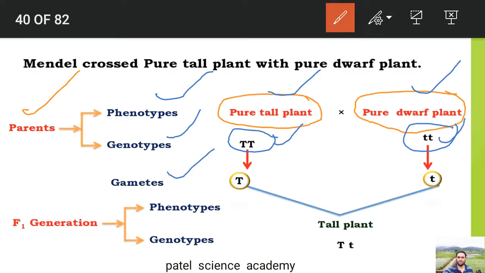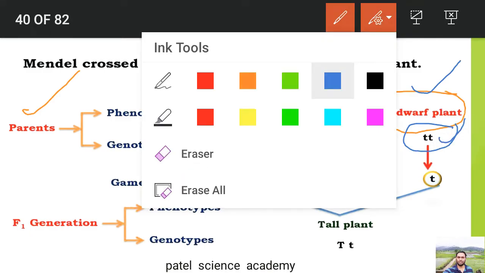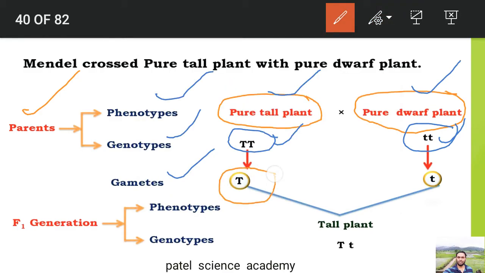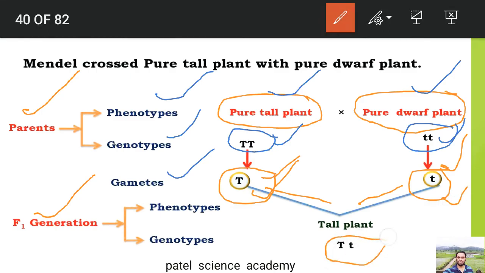Their gametes are capital T and small t. Then there will be a cross between these two gametes to produce the F1 generation, which will be capital T small t. This capital T small t is the genotype, and the phenotype is tallness.